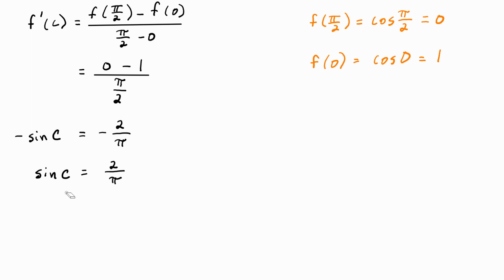Then to undo the sine function, we need to take the sine inverse of both sides. So we have the sine inverse of the sine of c will equal the sine inverse of 2 over pi.